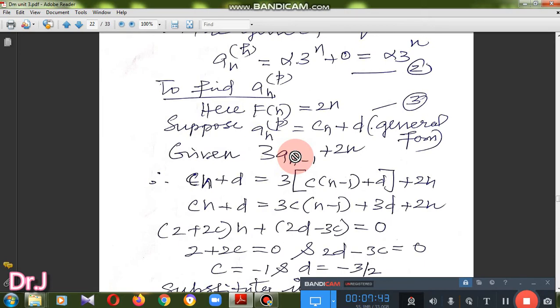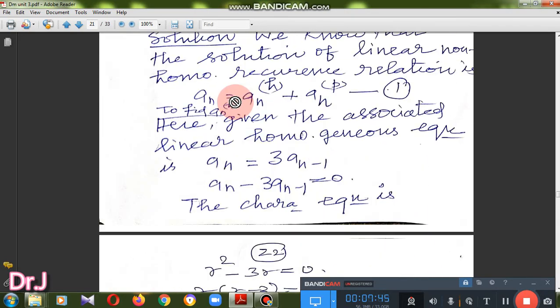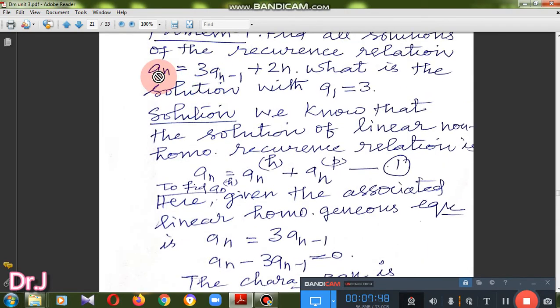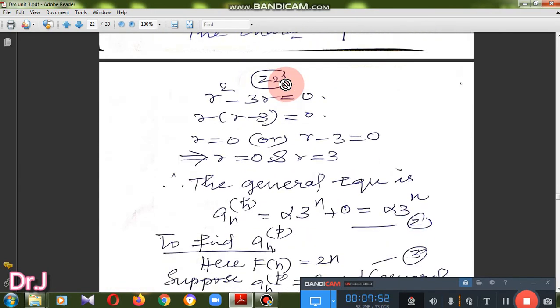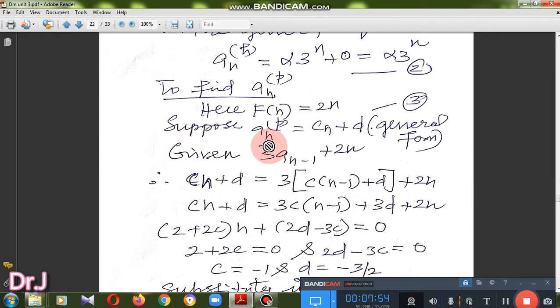The given recurrence relation is a_n equals 3a_(n-1) plus 2n. Now cn plus d equals 3 times a_(n-1), so in place of n we substitute n minus 1, because a_n equals cn plus d.